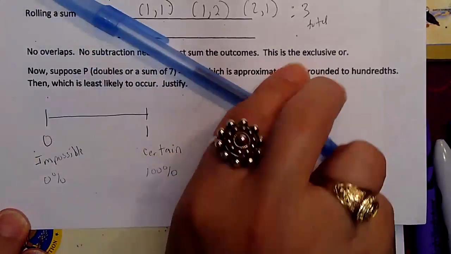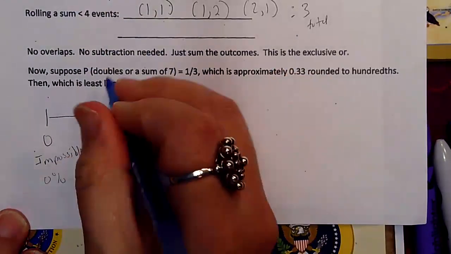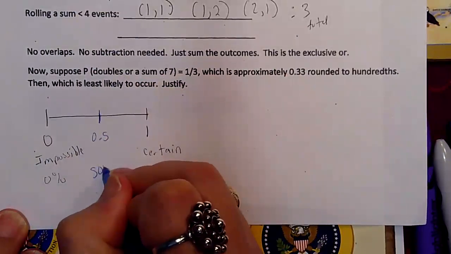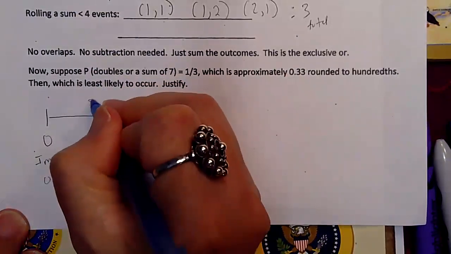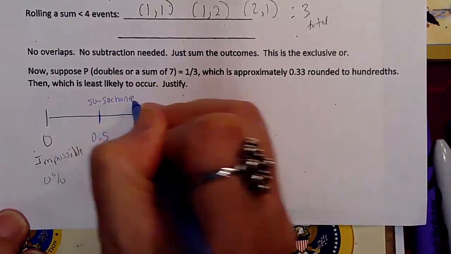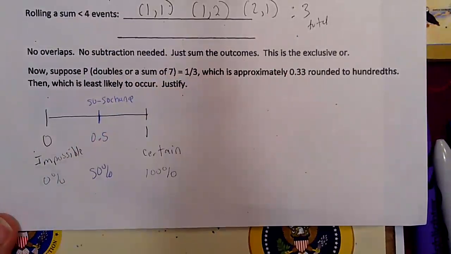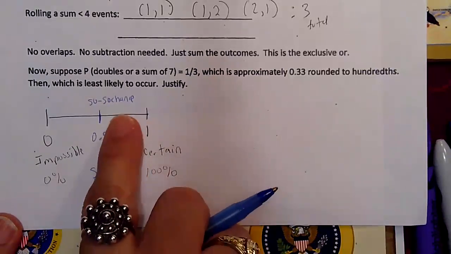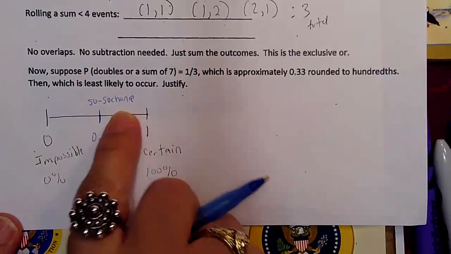And then here you have the 0.5, 50%. So you're at the 50-50 chance. Okay. And remember, if you land in this area, this is likely to occur.